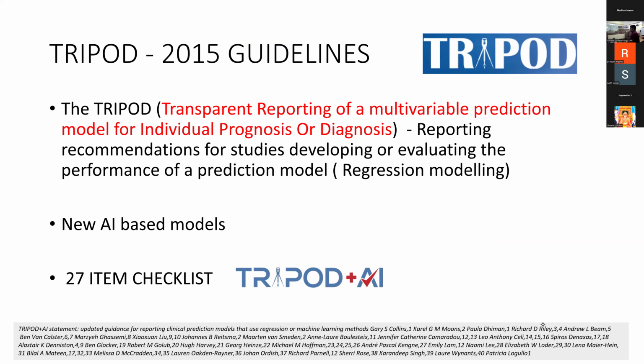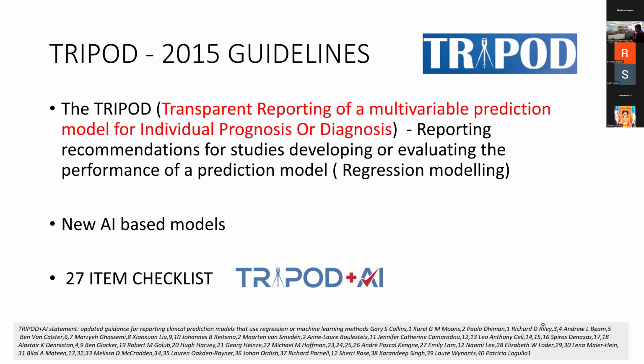The Tripod 2015 guidelines came in 2015, where we generally use them for a normal cohort study when we are looking at a normal prediction model using regression modeling. After 2015, there have been so many models which use AI in developing a prediction model. So the usual conventional model was not adequate for the reporting guidelines which were required.